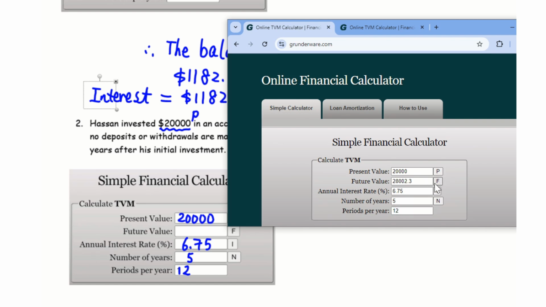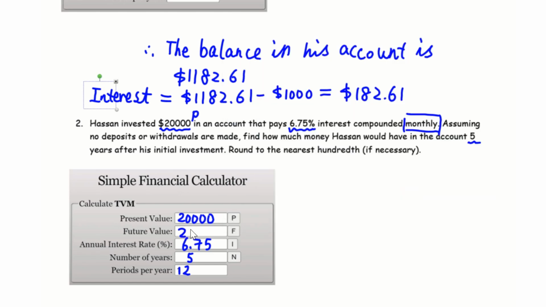Then the future value is... you see, $20,000 now becomes $28,002.30. So this future value is $28,002.30. This is the balance in the account.